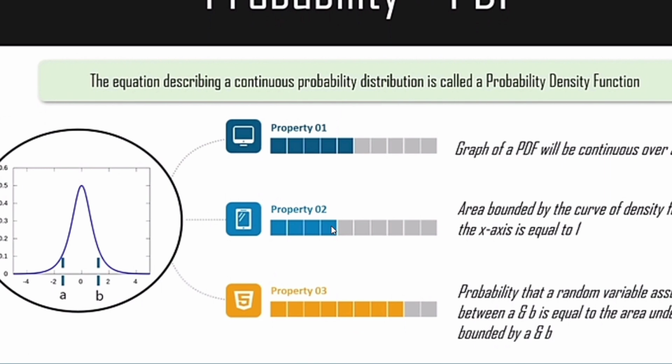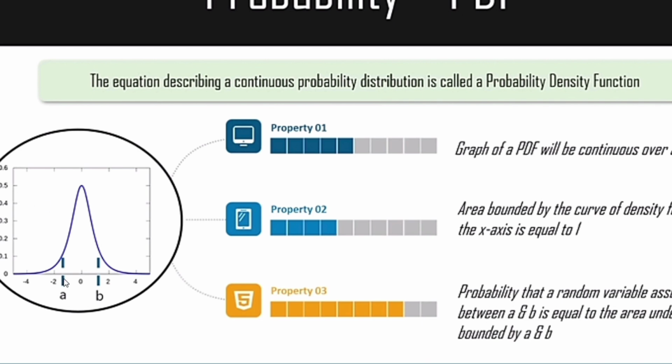So, the probability distribution function. The equation describing a continuous probability distribution means the probability is changing continuously. See here, the graph is continuous over a range, like from A to B, or -4 to 4, bounded by the curve function and the x-axis. The probability that a random variable assumes a value between A and B is the area under the PDF.